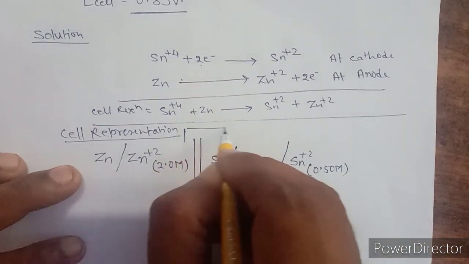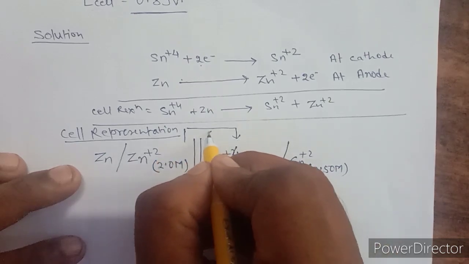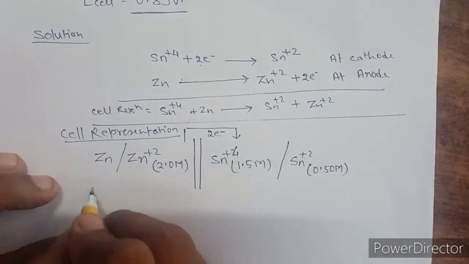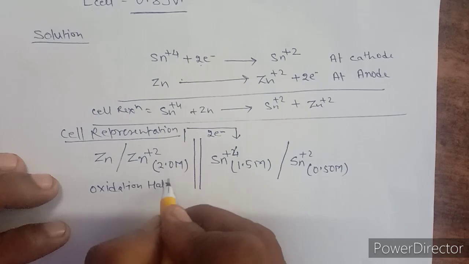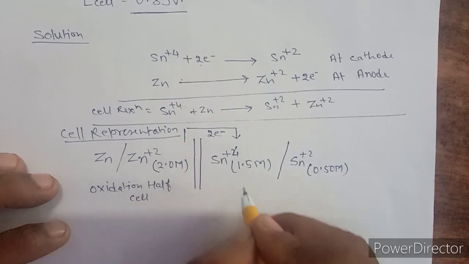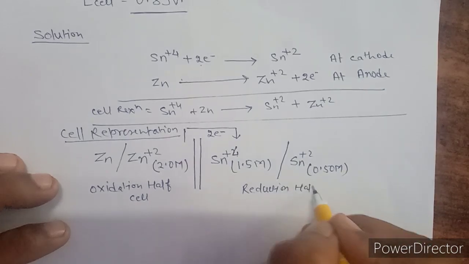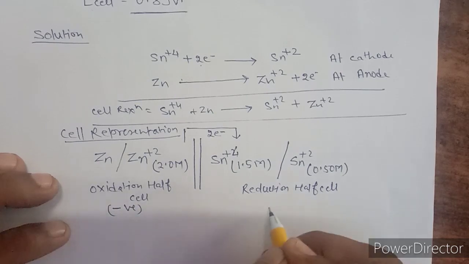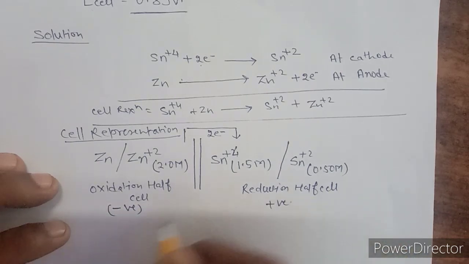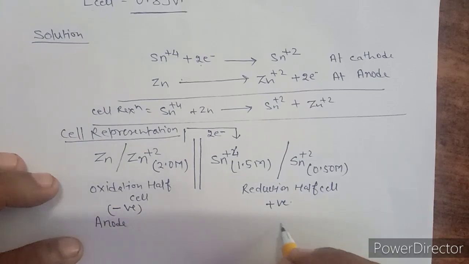The total number of electrons transferred from the oxidation half cell to the reduction half cell is 2 electrons. This is the oxidation half cell, this is the reduction half cell, this is the negative end of the cell and this is the positive end of the cell, and this acts as an anode and this acts as a cathode.